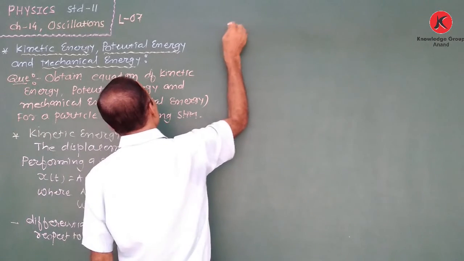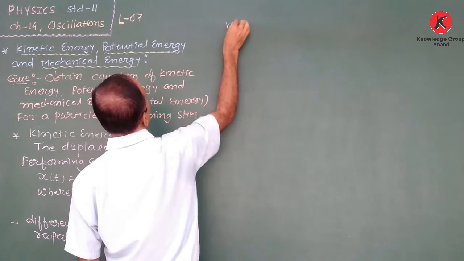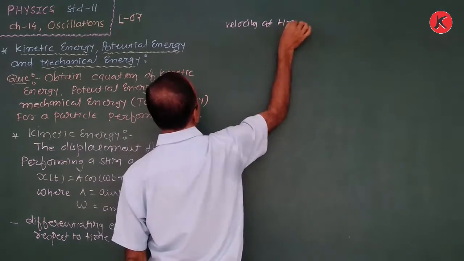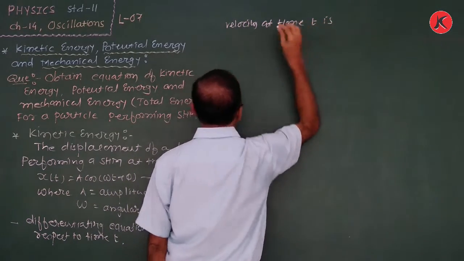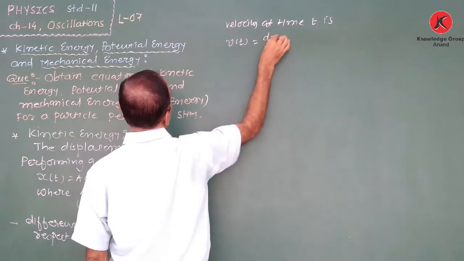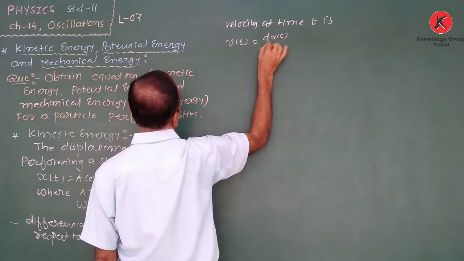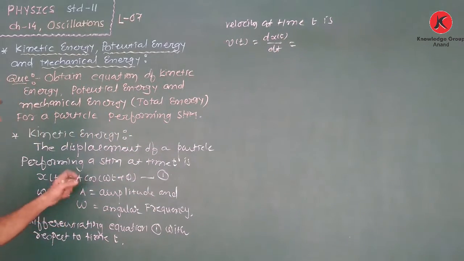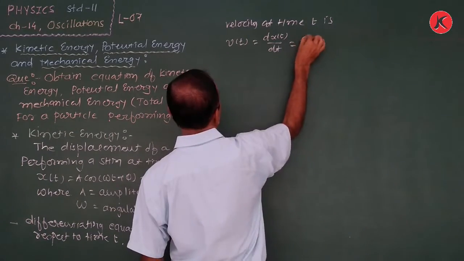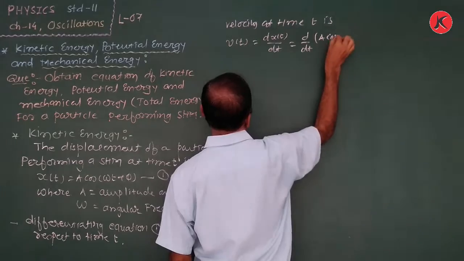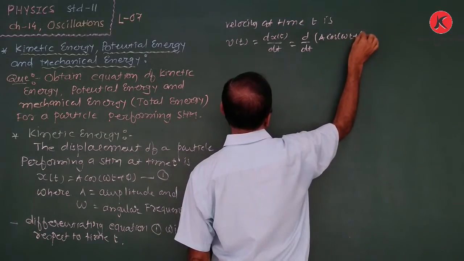Therefore, the velocity at time t is v(t) = dx(t)/dt, substituting the value of x(t), so d/dt of A cos(omega t + phi).